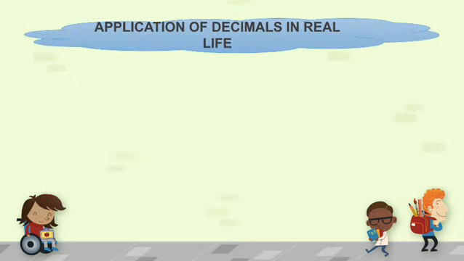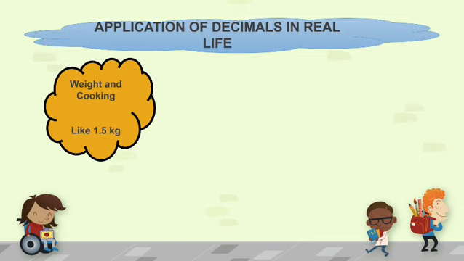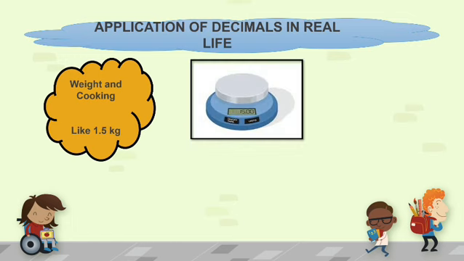Now, having learned what decimals are, now let's learn about the real life application of decimals. Where do we use decimal? We have seen decimal in our real life. So let us see where we use it in real life. Well, weight and cooking, like 1.5 kg, right?